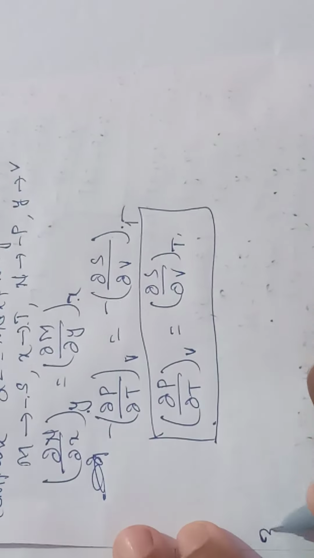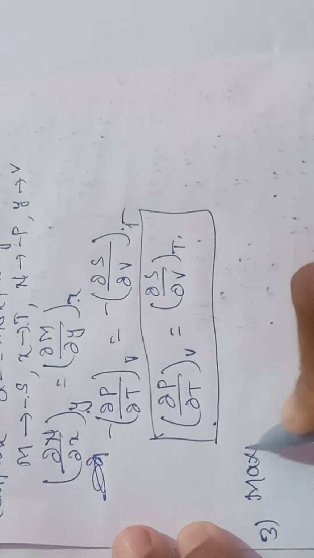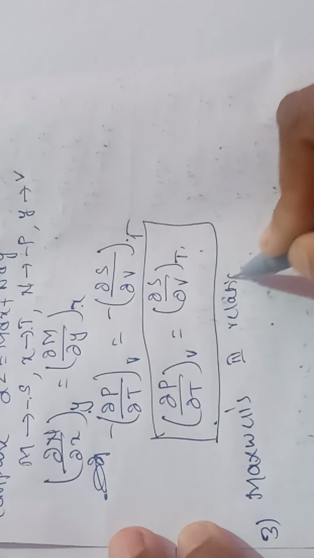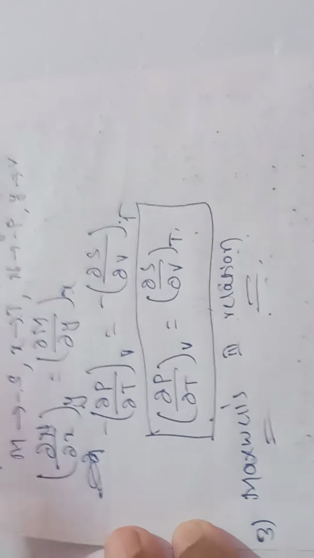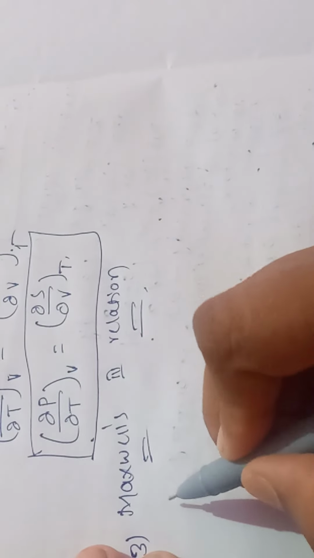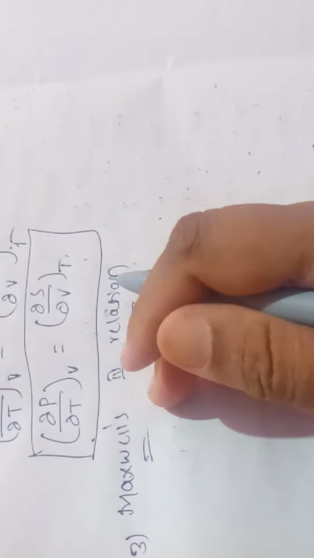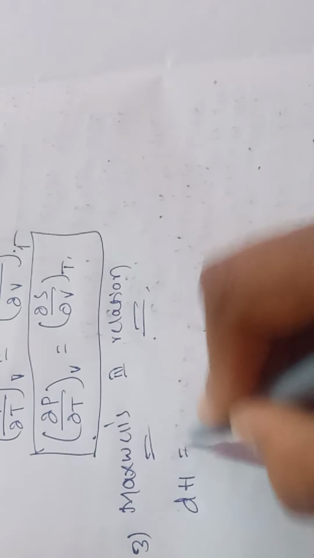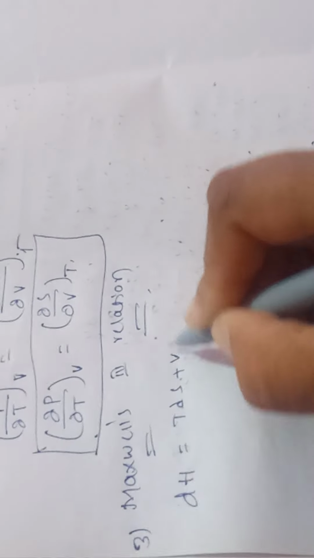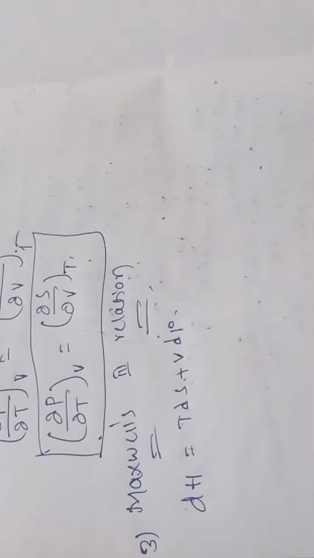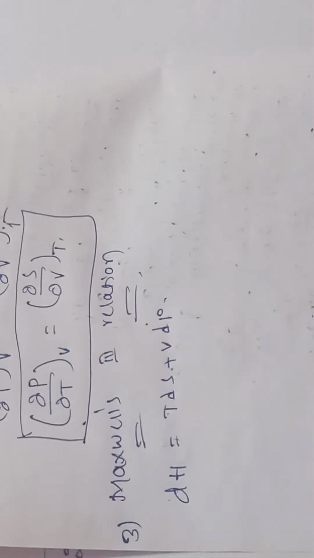Now similarly, let us go for Maxwell's third relation. What is the third thermodynamic potential? It is enthalpy, and enthalpy is written as dH is equal to TdS plus VdP, right?